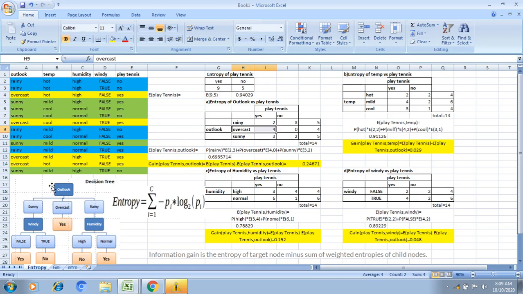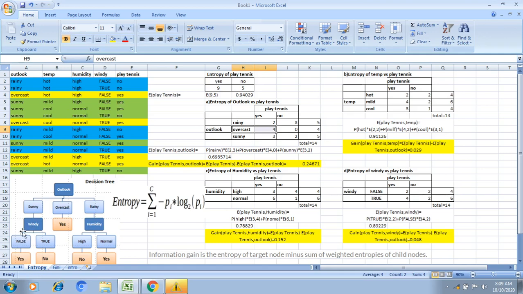And we'll see the relation of sunny and windy. For example, we have the relationship between sunny and windy. If sunny and windy is true, then we are getting no. If windy is false, then I'm getting yes.